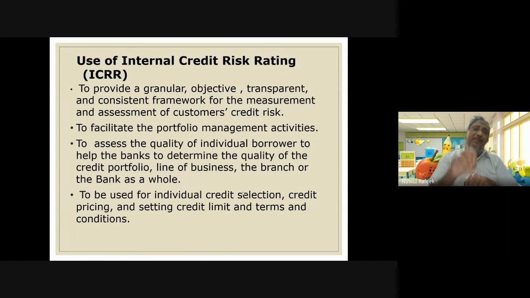Management can even apply it to an individual branch. For example, if one branch is granting unsecured facilities and the portfolio is increasing, the management can stop lending to that portfolio by looking at the risk rating.